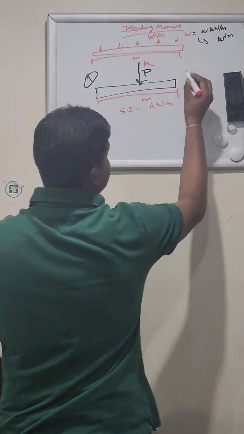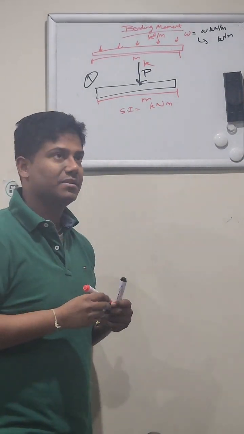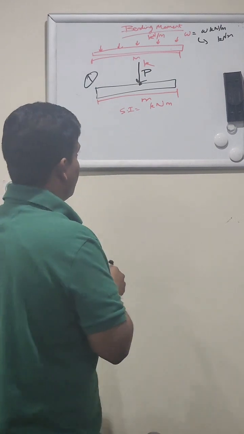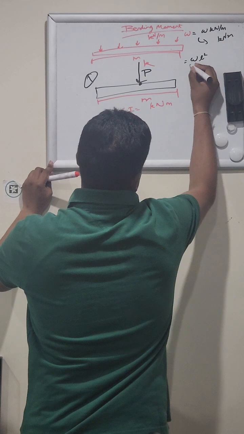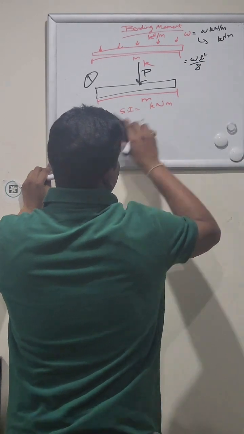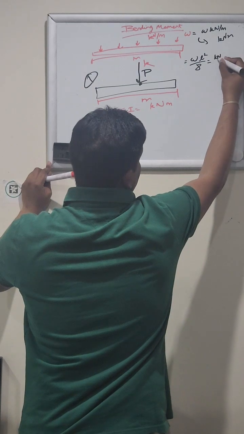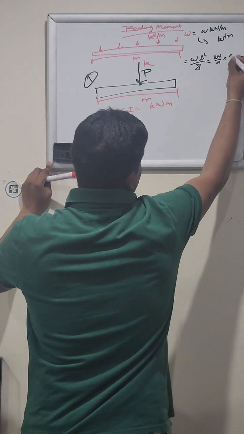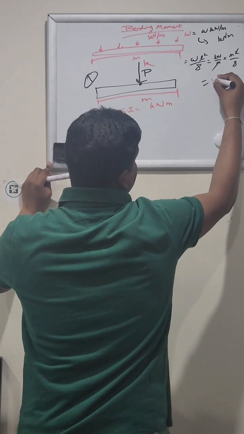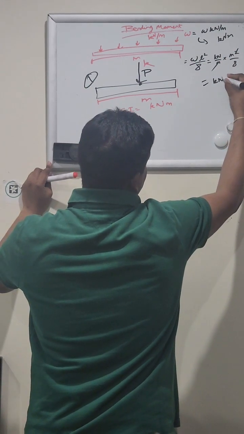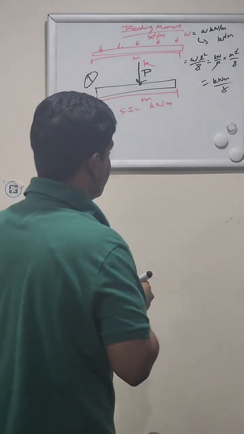Therefore, this becomes WL square by 8. So that means this is kilonewton per meter multiplied by meter square by 8. Meter square, meter get cancelled, so that becomes kilonewton meter. And obviously 8 is the factor that's being divided upon.